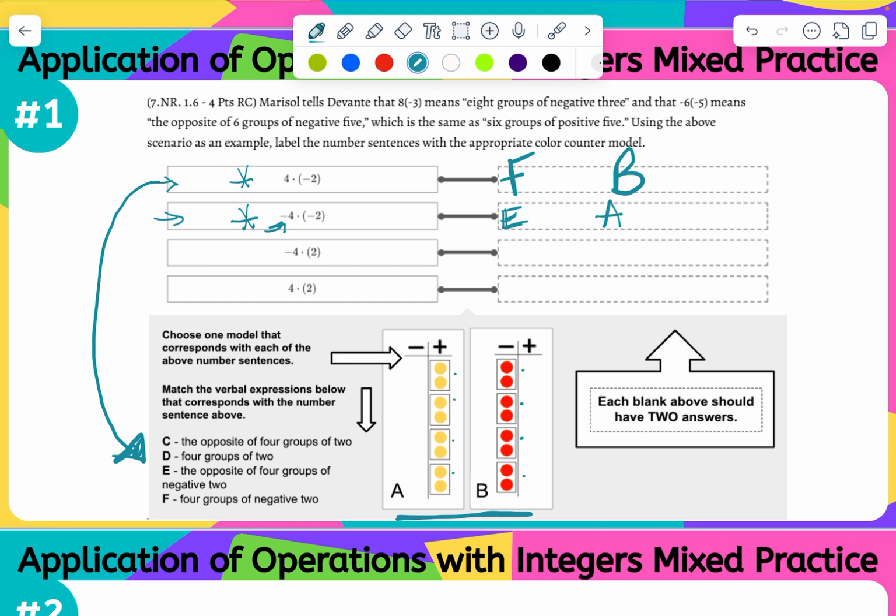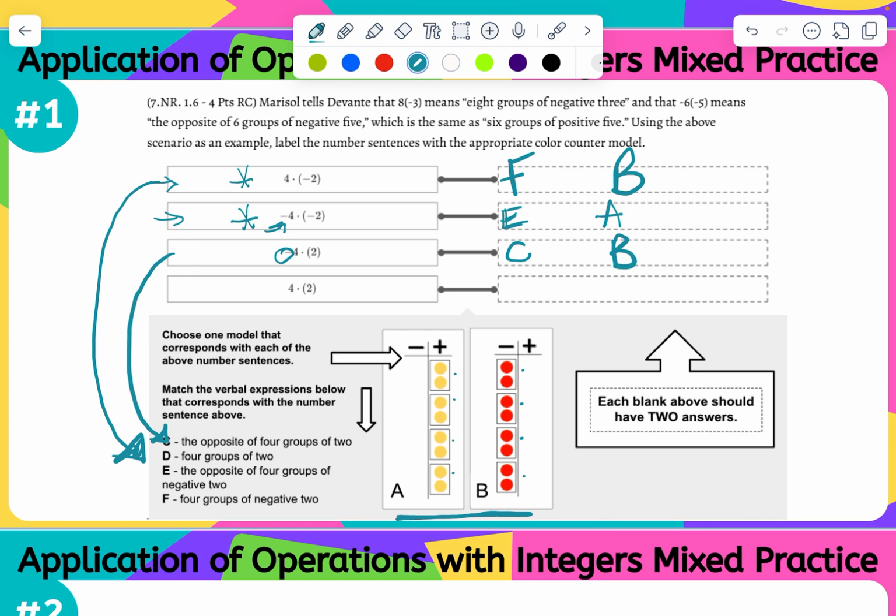The opposite of 4 groups of 2 is going to be C. So we're looking again down here. This one is C, the opposite of 4 groups of positive 2, which would be 4 groups of negative 2.